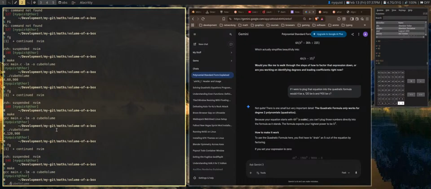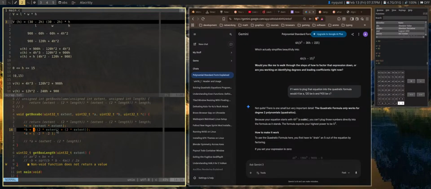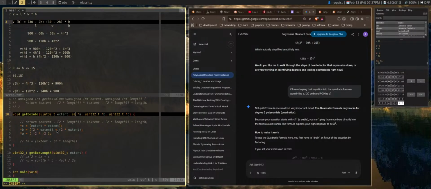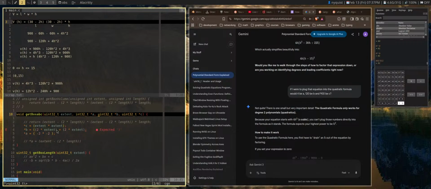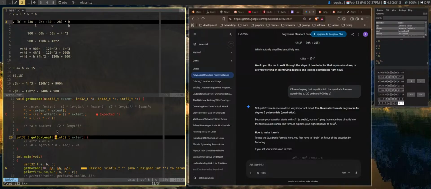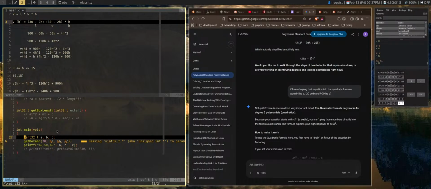Ta-da! What? Oh, it's because I am using unsigned numbers here. I should be using signed numbers, shouldn't I? All right, here we go. Int 32 type. Duh. I'm so stupid.